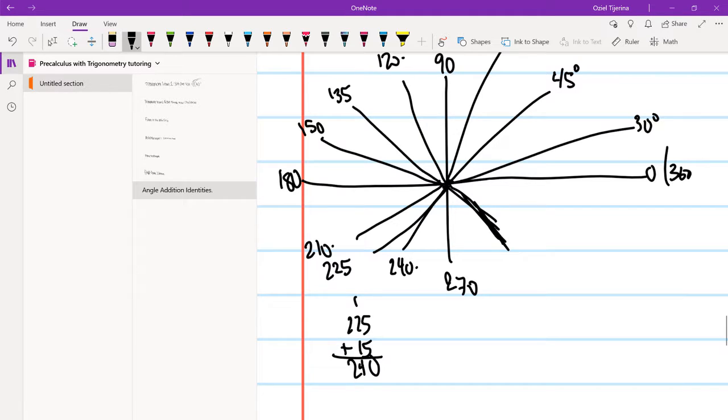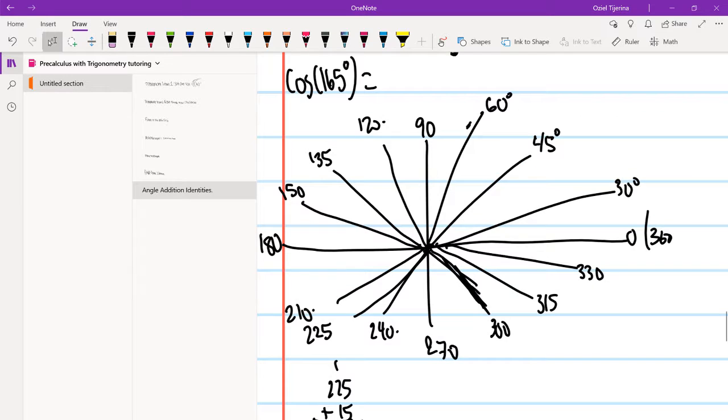So basically we know that to get 165 degrees, we have to use two angles on the unit circle that add to or subtract to 165.